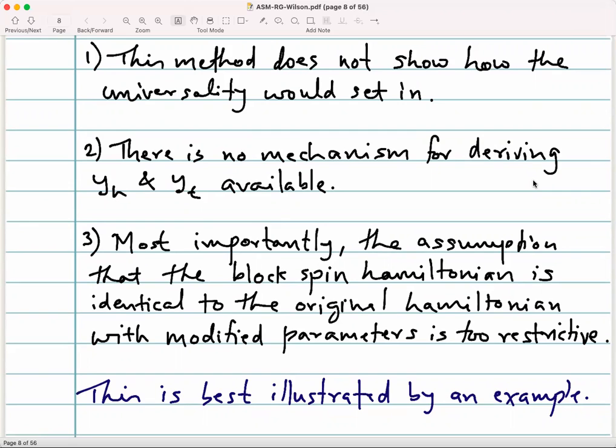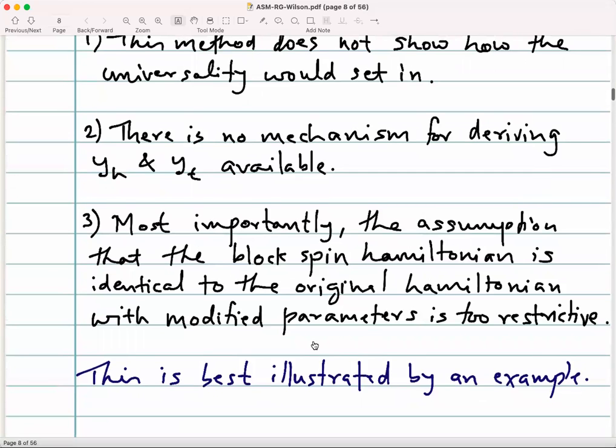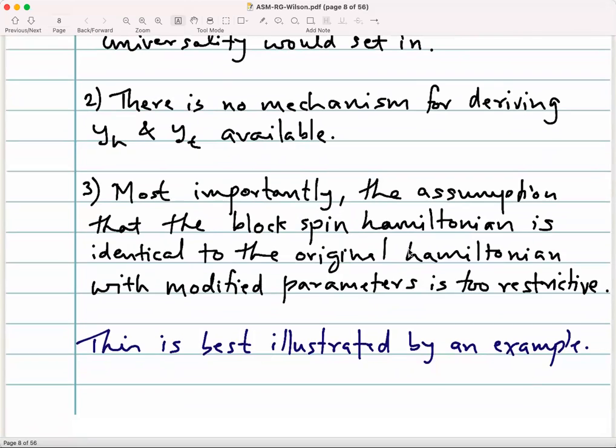Which seems very restrictive, and in fact, one of the important deviations from this kind of method that Wilson suggested was to abandon this idea. To understand why this is too restrictive, let us consider a simple example, just to understand why an assumption of this kind is too restrictive.